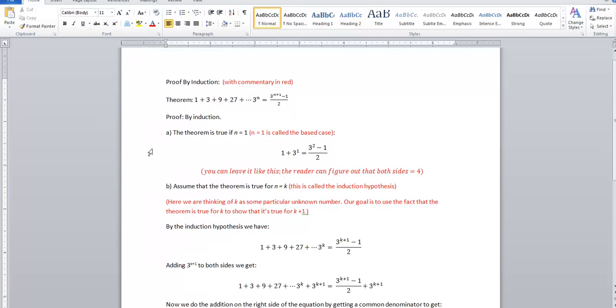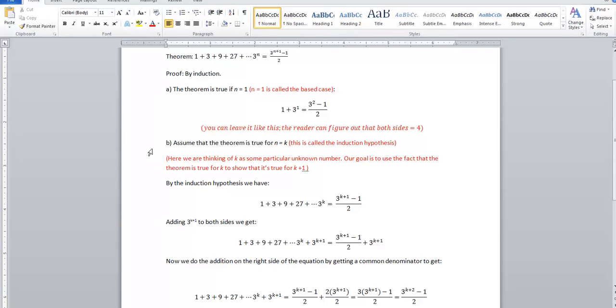Then you say, okay, we're going to assume that the theorem is true for n equals k. This is called the induction hypothesis. And you're thinking here of k as some particular unknown number. The goal is to use the fact that the theorem is true for k to show that it's true for k plus 1. So by the induction hypothesis, we have 1 plus 3 plus 9, plus 3 to the k, equals 3 to the k plus 1 minus 1, over 2.